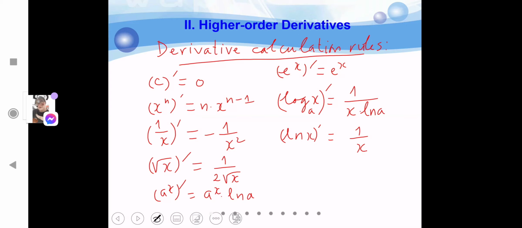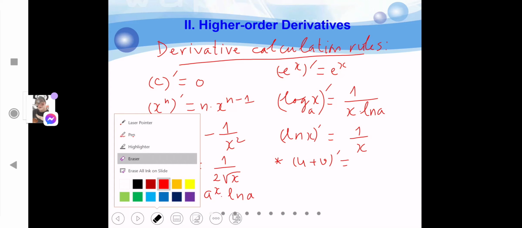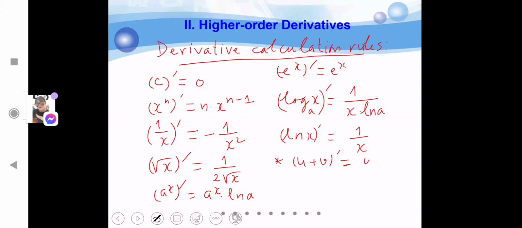And we have some rules. Let u and v be functions. The sum rule: u plus v derivative equals u prime plus v prime, and the difference rule is the same. The product rule: u times v derivative equals u prime times v plus u times v prime.